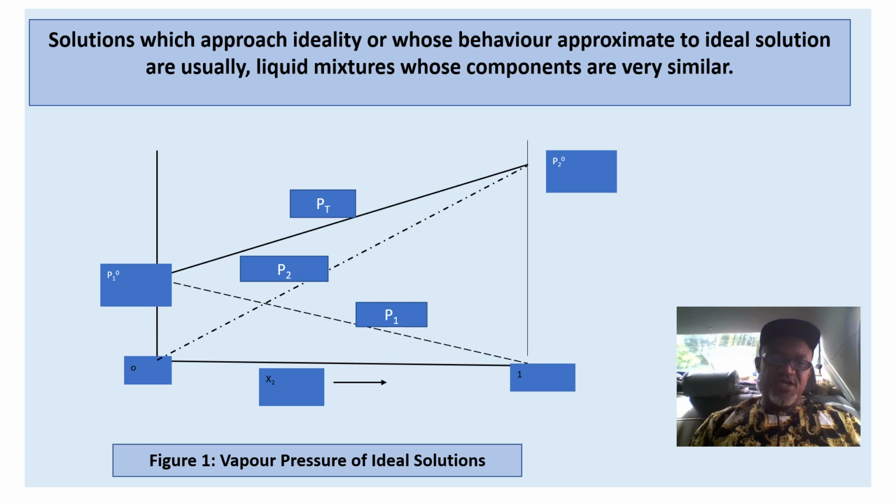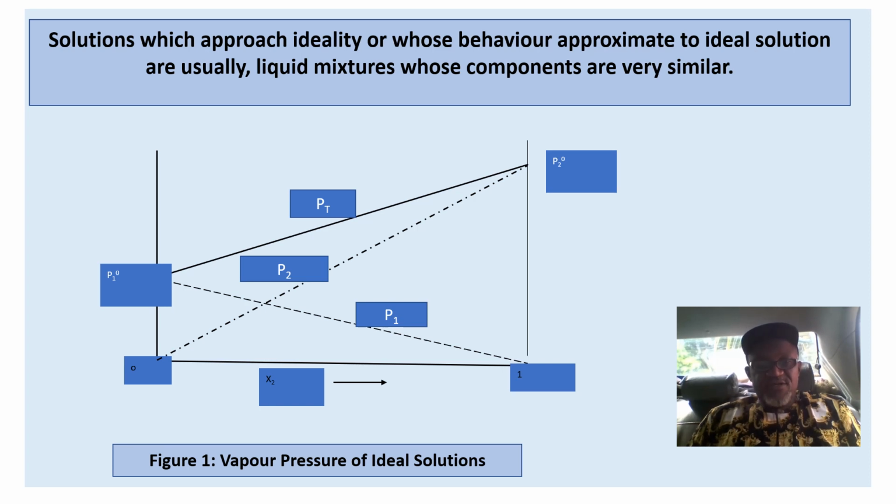This figure is showing us the variation of the vapor pressure with the mole fraction for the two mixtures. P1 is the vapor pressure against the mole fraction x1, and P2 is the vapor pressure against the mole fraction x2. Whereas P subscript T gives us the variation of the total vapor pressure.